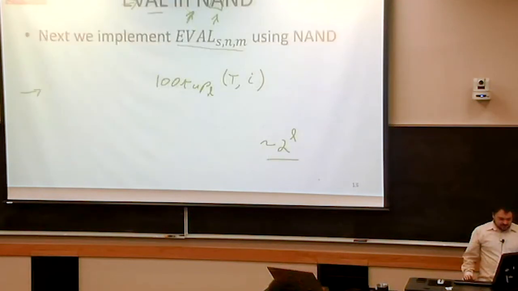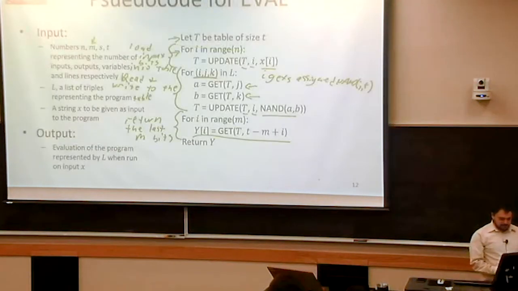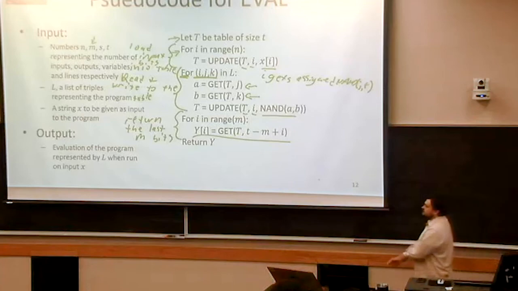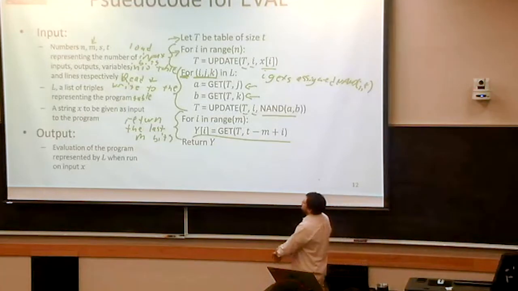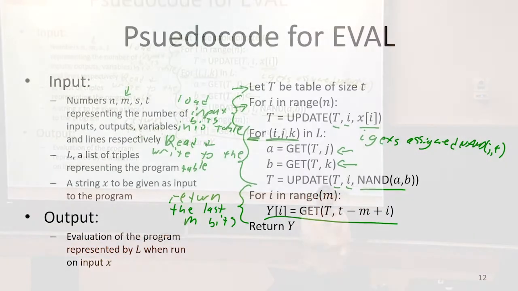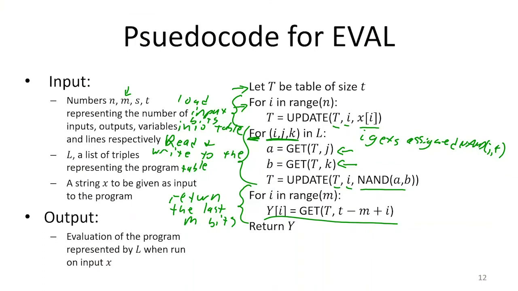When we looked at this pseudocode back here, we have a for loop. For loops are not something we've talked about how we can do. So we don't know how to do a for loop with straightline yet, but provided that we have only a finite number of iterations in our for loop, we can just unroll that loop.